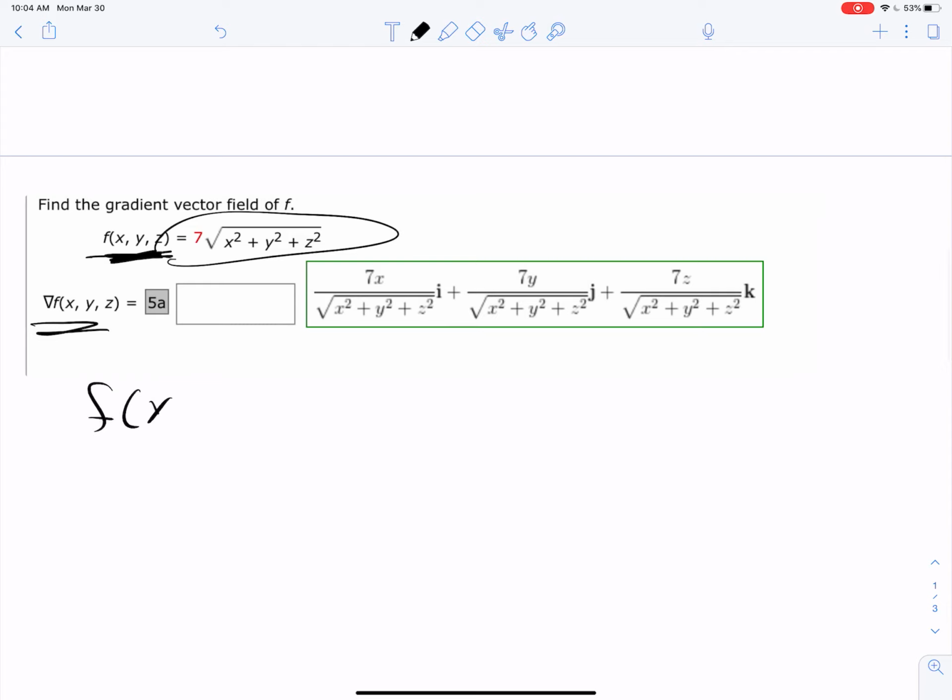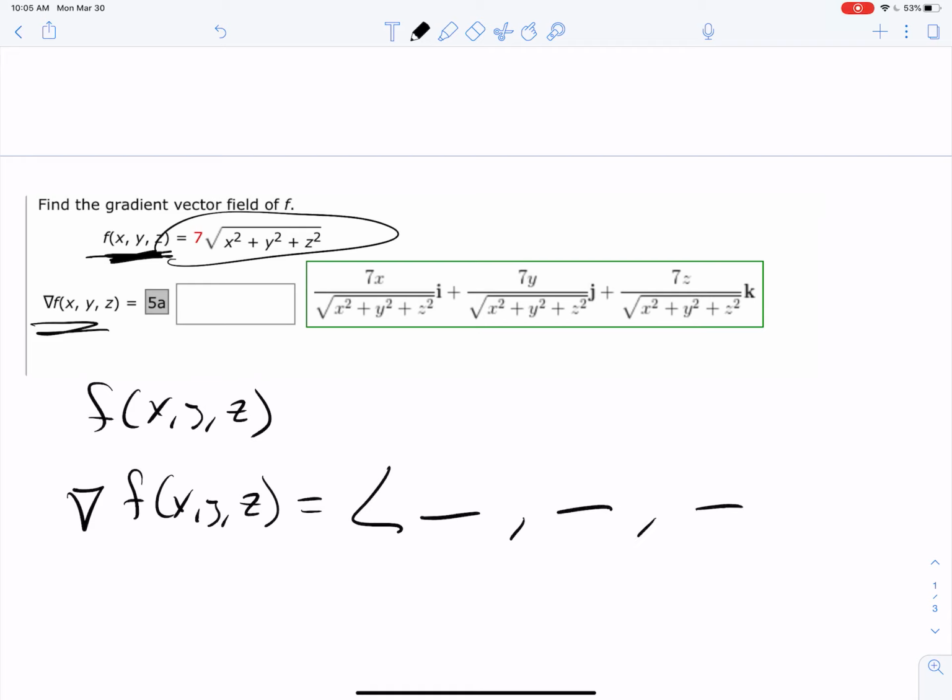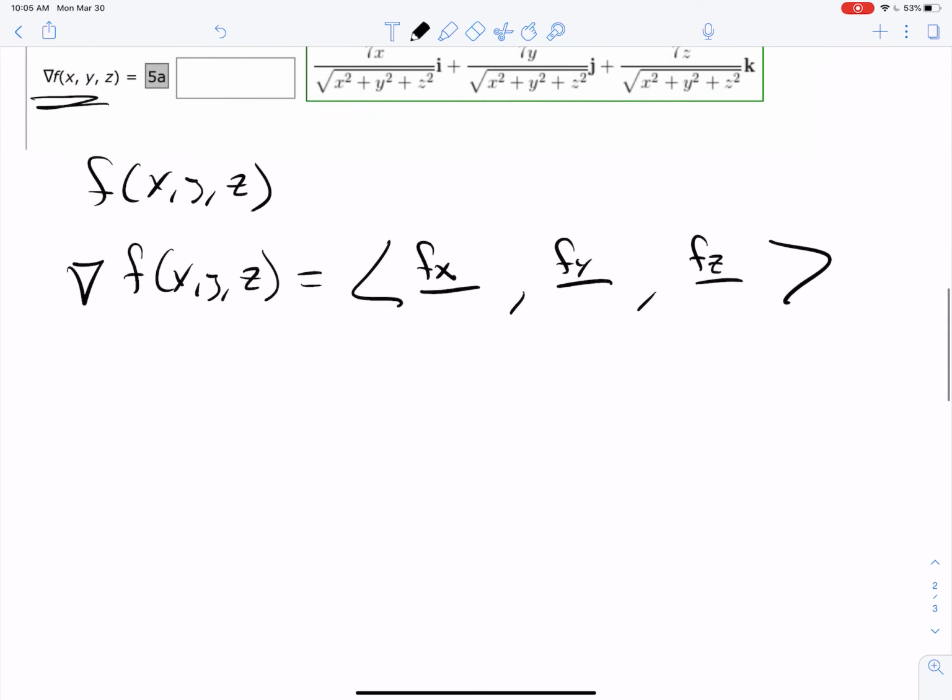So given a function f of x, y, z, we can compute the gradient of that function. And the gradient is going to be a vector field with 1, 2, 3 components in it. And this is going to be the x derivative, this is going to be the y derivative, and this is going to be the z derivative of that function f of x, y, z.